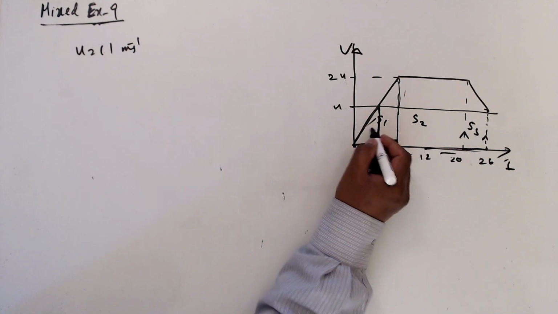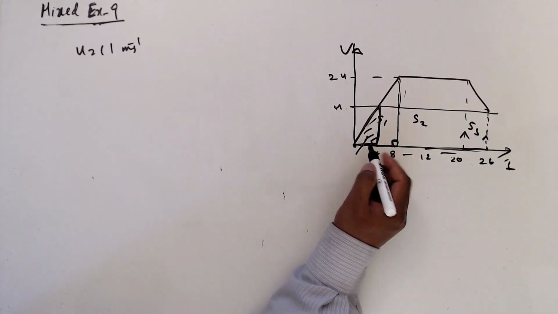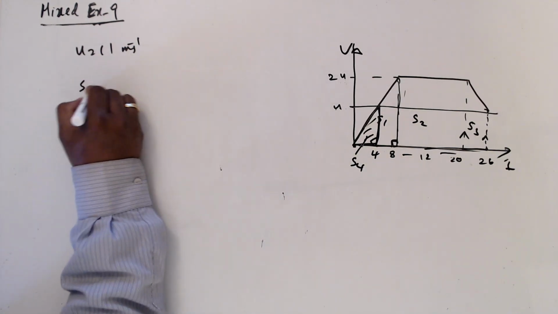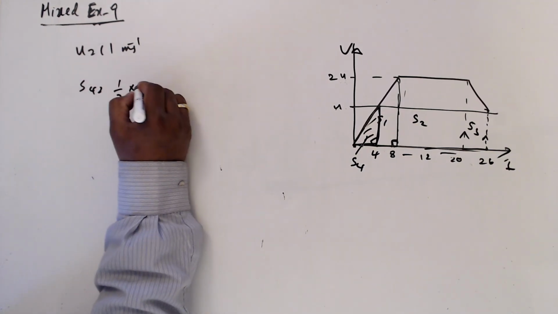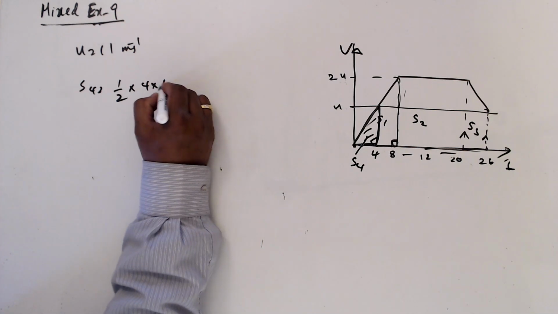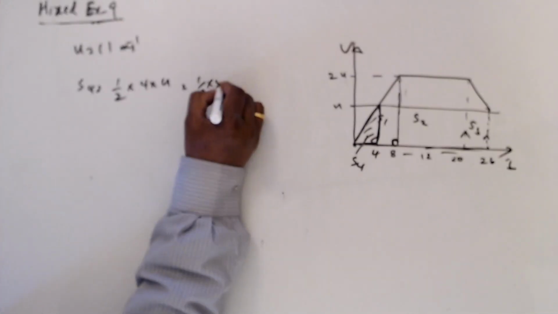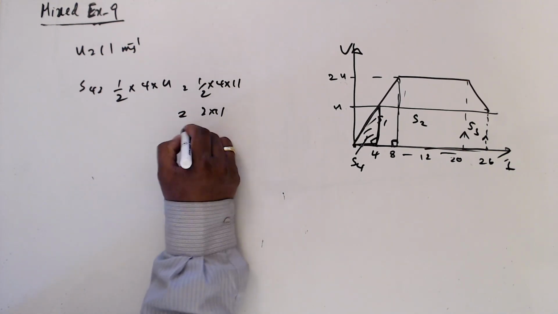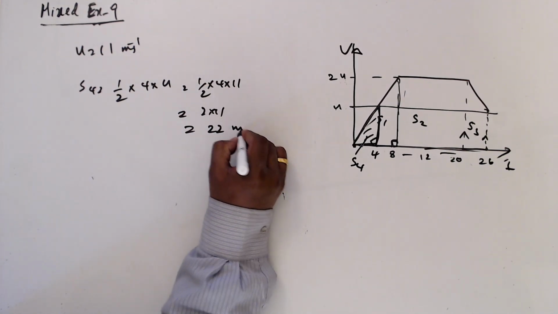So the area of this one, let's say S4, is half times 4 times u, and we know u is 11. So 2 times 11, that is 22 meters.